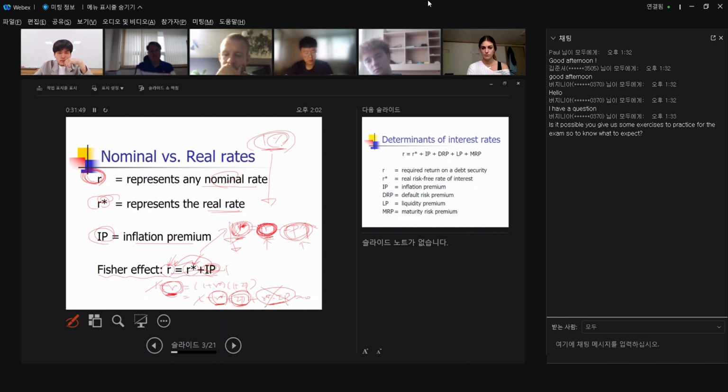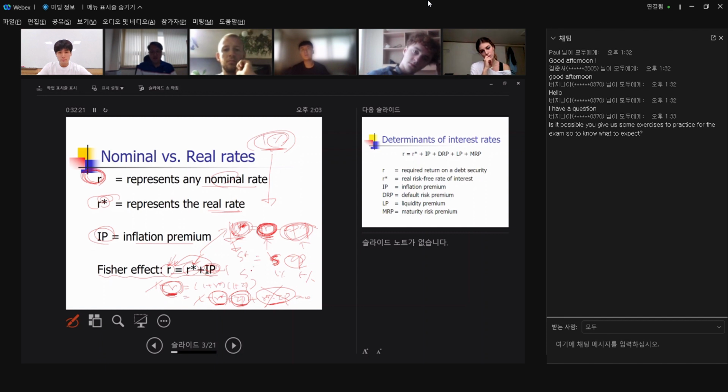If we change the terminology, the salary increase is the nominal salary increase, and there is the inflation premium. Nominal salary increases 1%, but the inflation premium in the last 10 years is 5% on average.